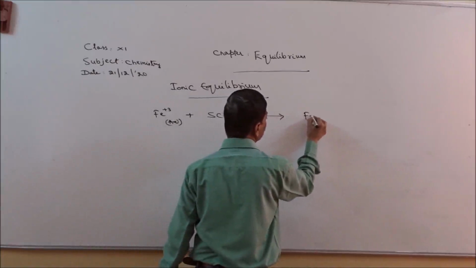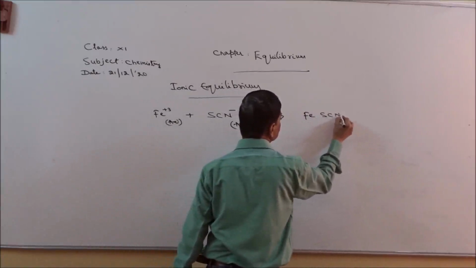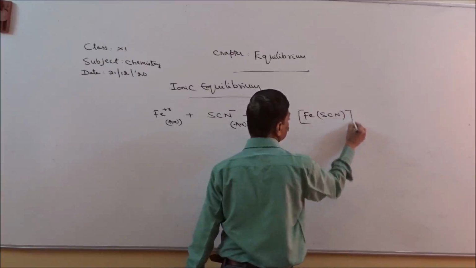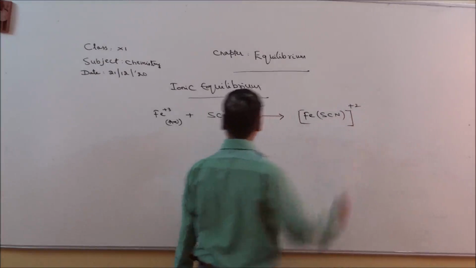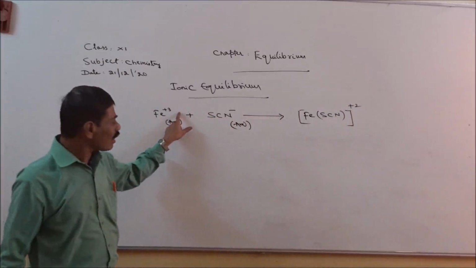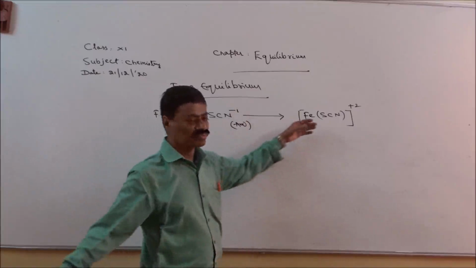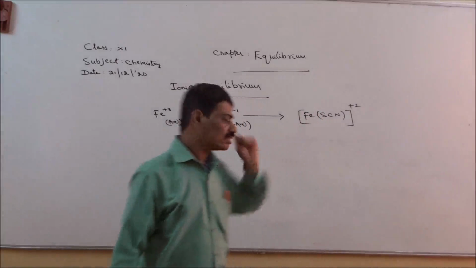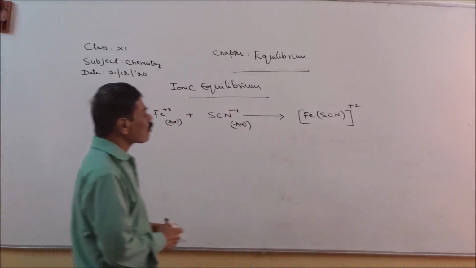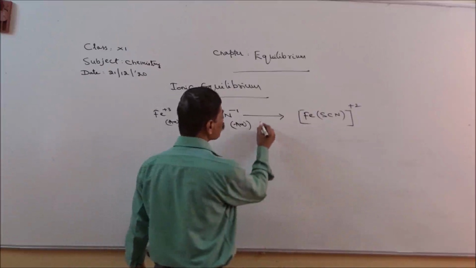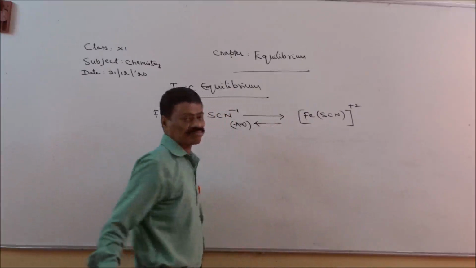As a result, we will get FeSCN, with charge plus 3 plus minus 1 equal to plus 2, iron thiocyanide. And once this product results, again it will undergo a change to give back the reactant.